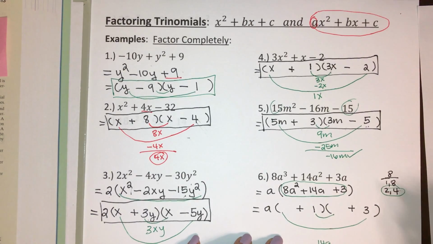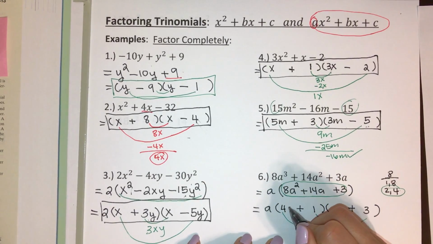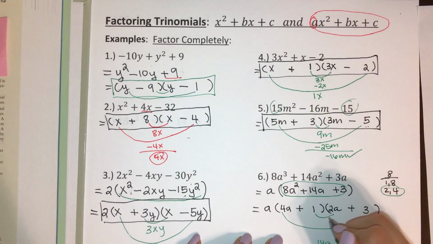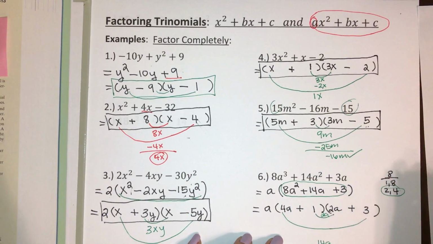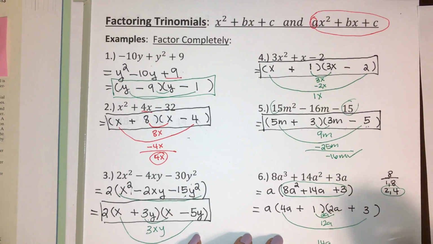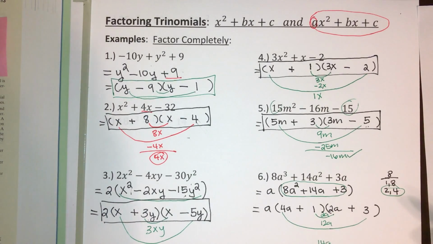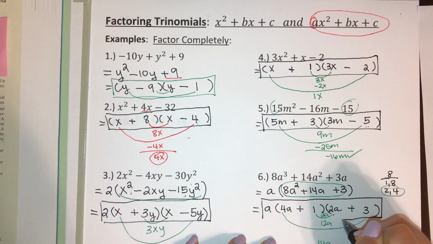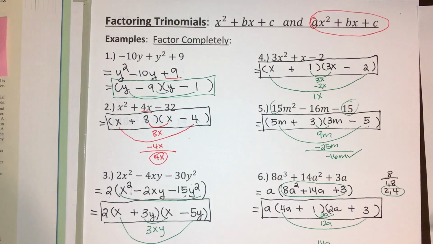And so we need to put 4a here and 2a here, because when we check, we're going to get 2a and then we get 12a, and if you combine those, we get positive 14. So you just have to think about where to put these numbers so that you get positive 14. Like I said, it's a little bit of trial and error at first, especially if you have never done this before.